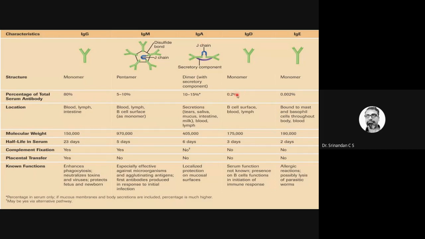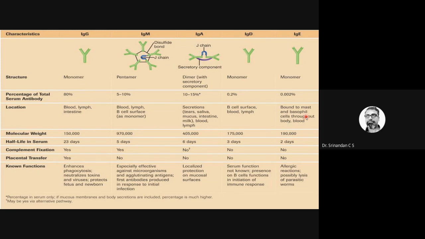0.2% in the body is IgD, a very small amount. 0.002% is IgE, and importantly, this IgE is bound to mast cells and basophils. If you remember yesterday's class, I told you about mast cells and basophils.